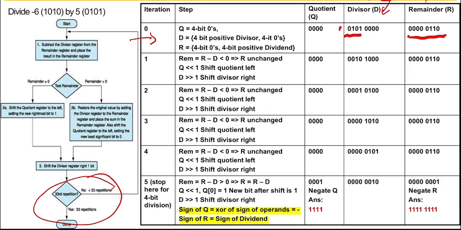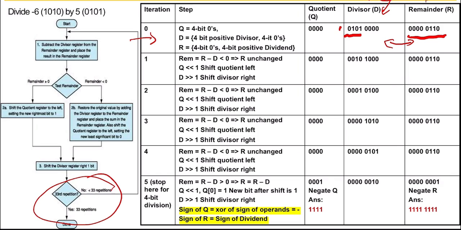Now, from the algorithm, it says to check between the divisor and the remainder. Then you check which one is bigger, right?